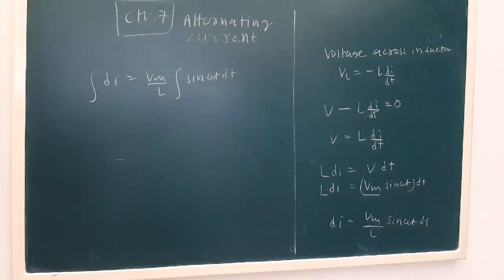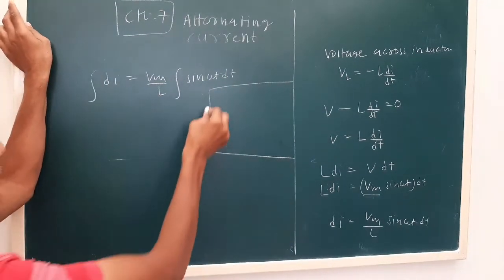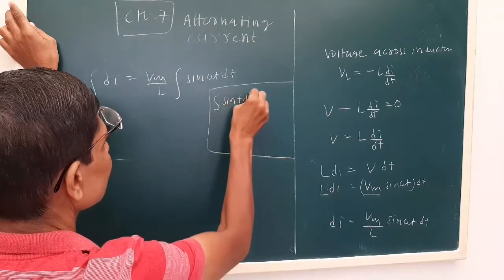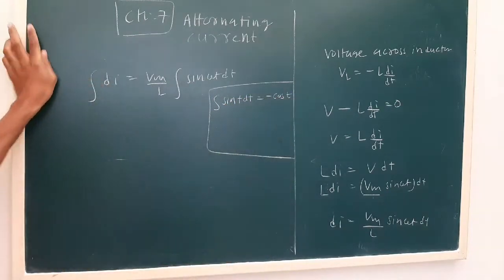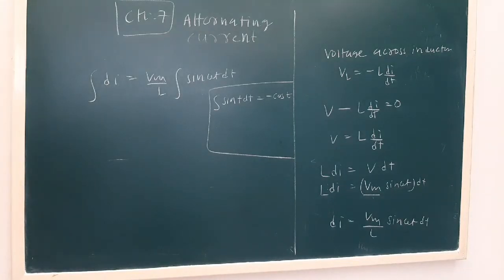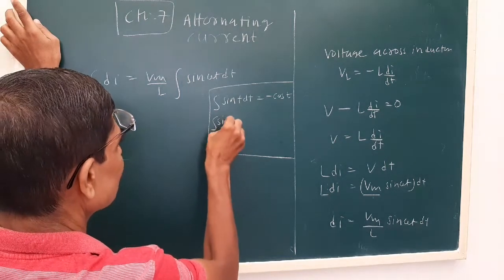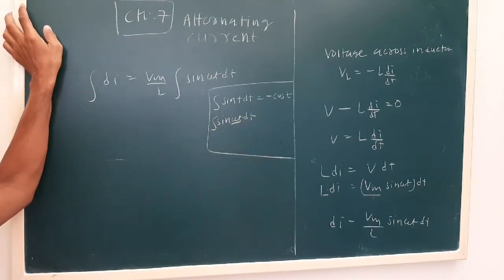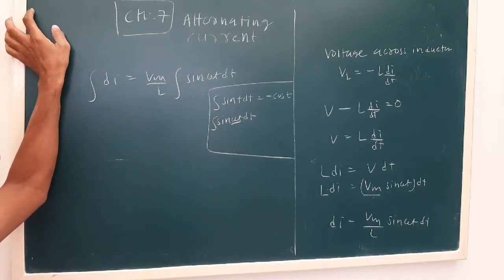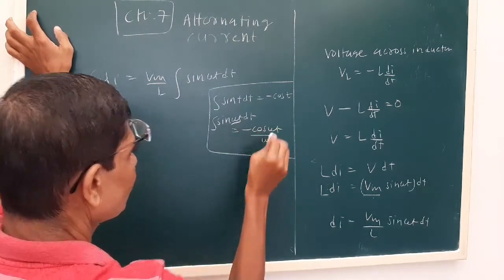Now see the integration rules we have to remember. The integration of sin t dt is minus cos t. And for the integration of sin omega t, whatever the coefficient of t will move to the denominator, so it will be minus cos omega t upon omega.